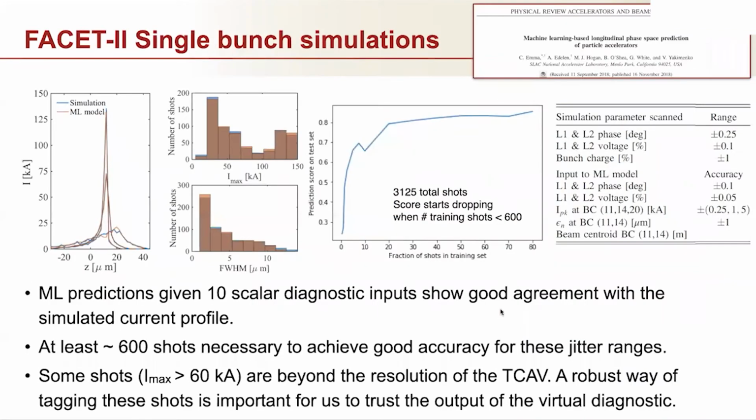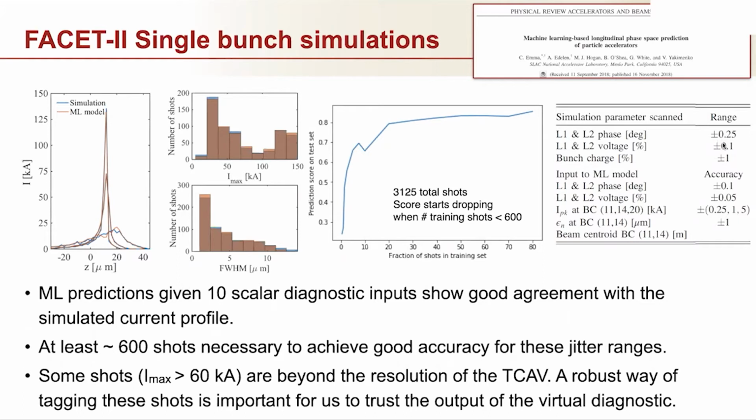So some results from this kind of a study is we showed that the machine learning predictions were pretty successful at getting the right current profiles, at least matching them up with simulations given these 10 scalar diagnostic inputs. And you need not so many shots for the scan ranges that we are looking at here.